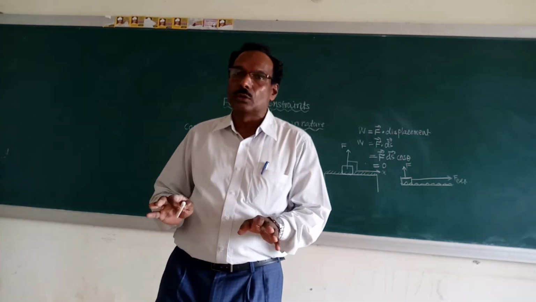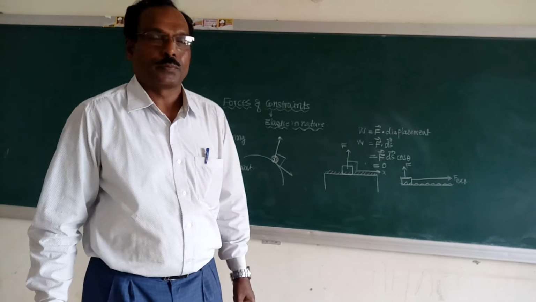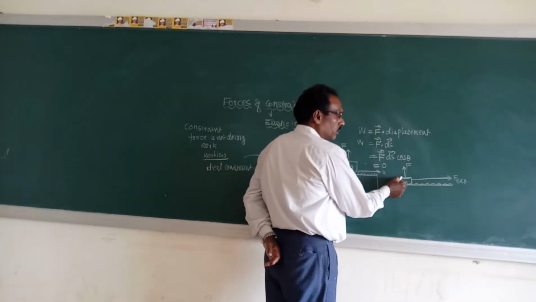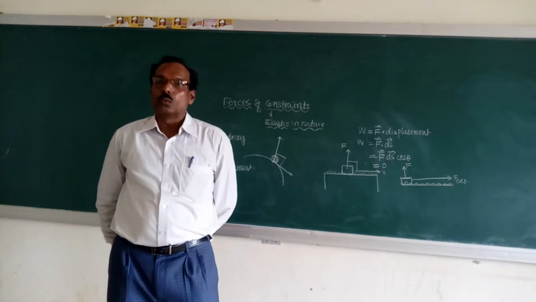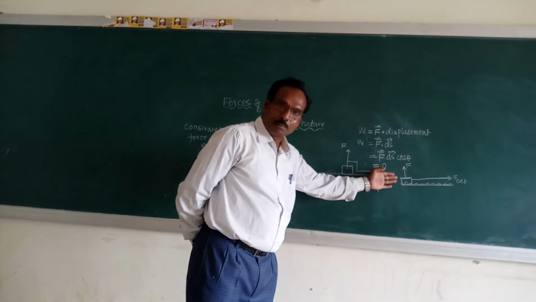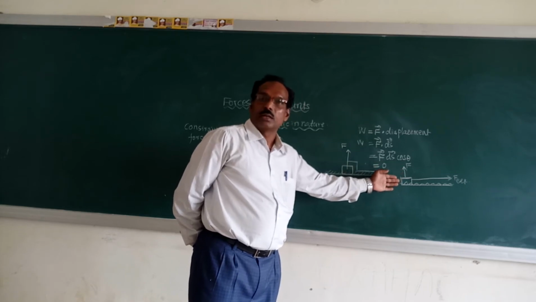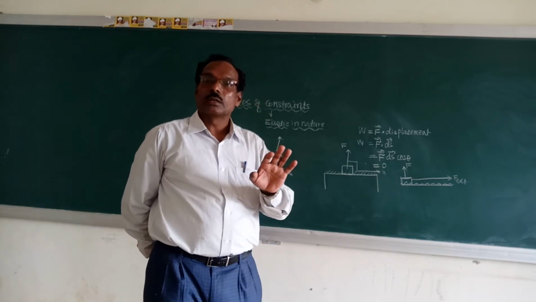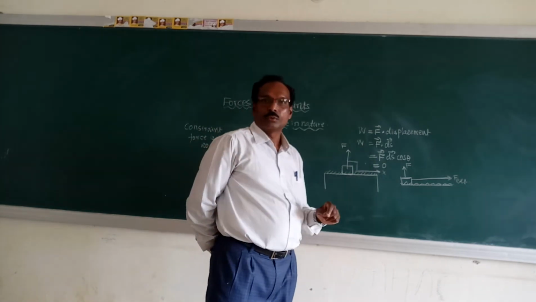Work will not be zero in case of a surface which is having friction. So sometimes these forces of constraint do work. In this example, work will not be zero. The work done by the force of constraint is not zero, it is something other than zero.